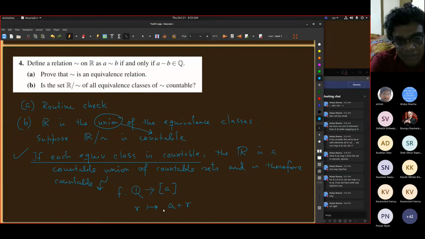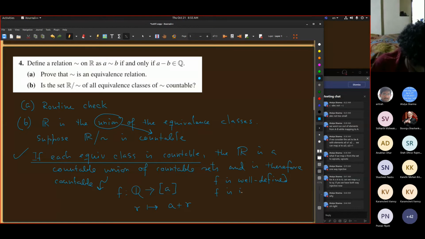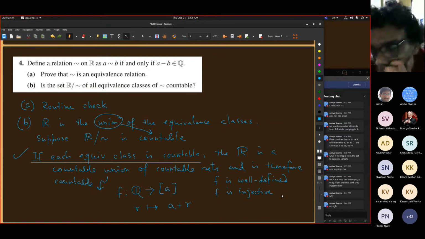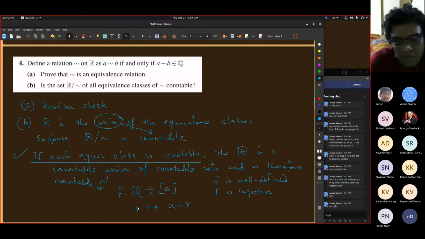Happy? Next. So first of all, F is well-defined. F is injective. Is it true? Yes, sir. Obviously, if you take two different rational numbers and add them to A, you will get different elements. So this is obvious.